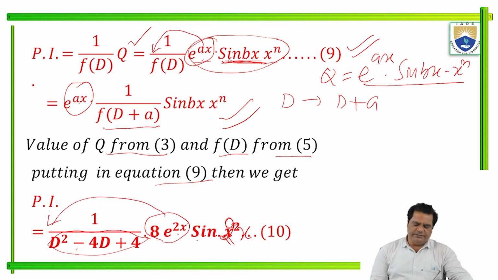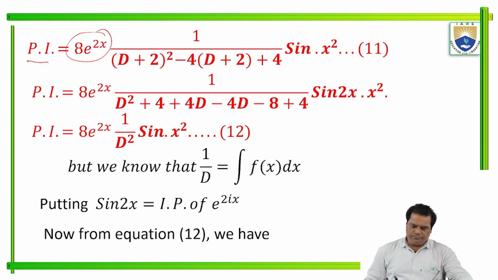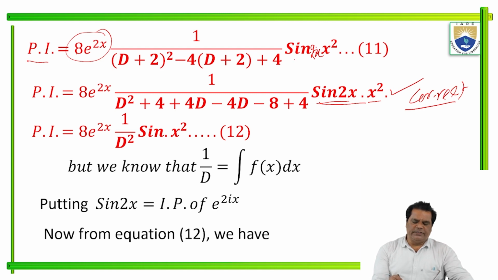The other function is sine 2x into x squared. The other two functions are kept on the right side, and this function, e to the power 2x, is taken to the left side.